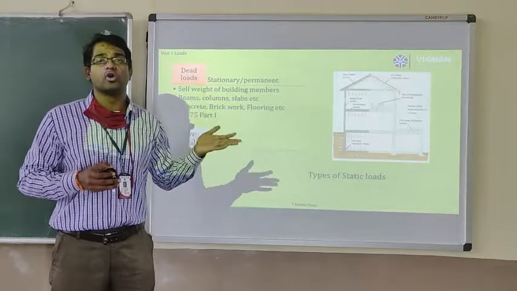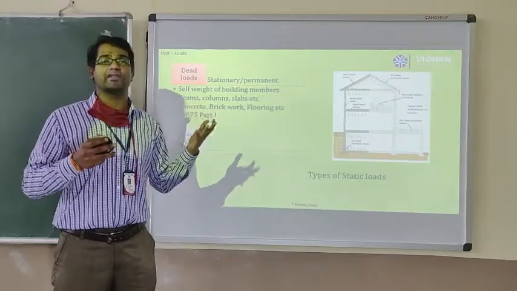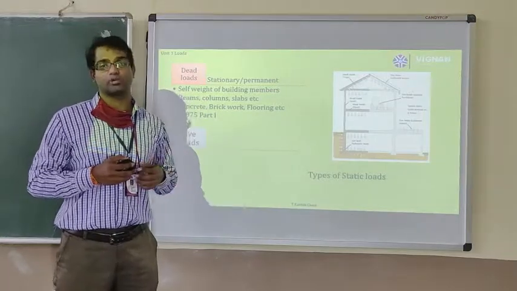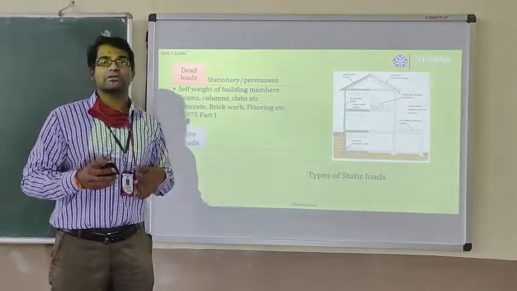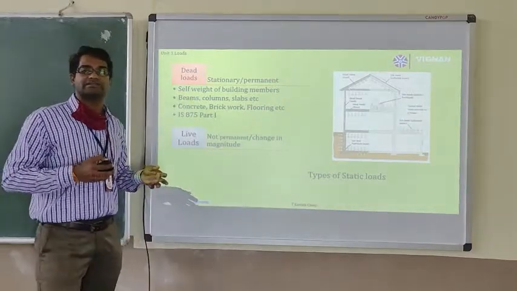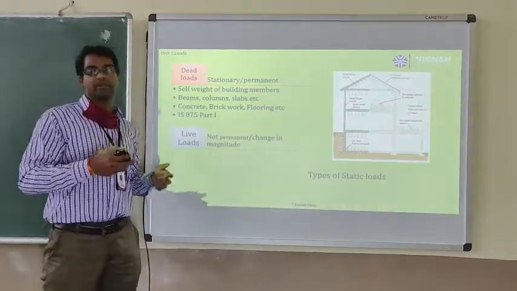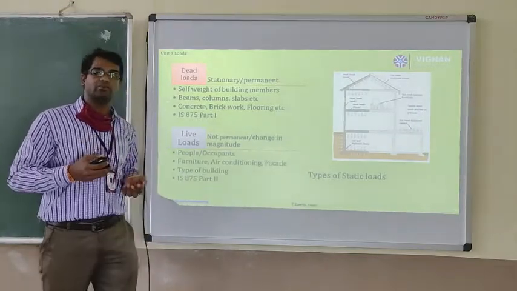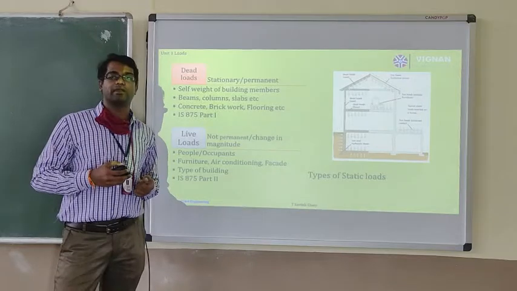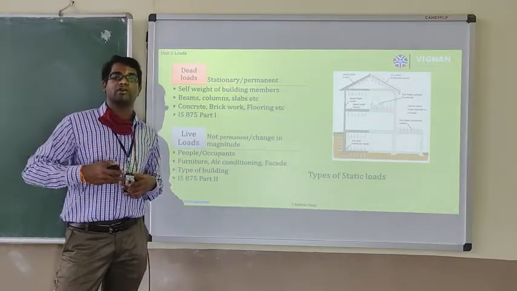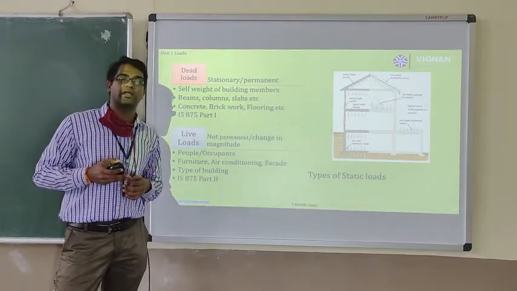And if you want to know the dead load of any concrete or brickwork, then you can refer to IS 875 part 1. And live loads are those which are not stationary, not permanent, right? These change in magnitude. Examples are people who are moving, the occupants of the building, the furniture, the air conditioner, the facade which we usually apply to the front side of the building.